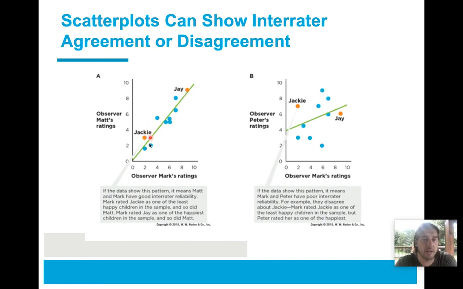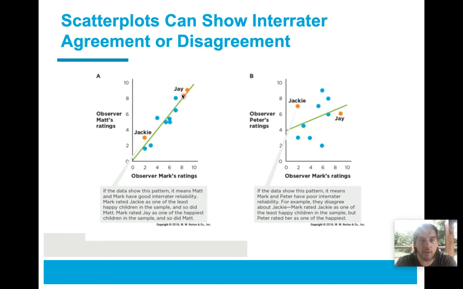So here we see that Matt and Mark have good inter-rater reliability, because when Matt rates someone low, Mark tends to rate them low on happiness. When Matt rates someone high, Mark tends to rate someone high. Right? Their ratings are in close agreement with each other.